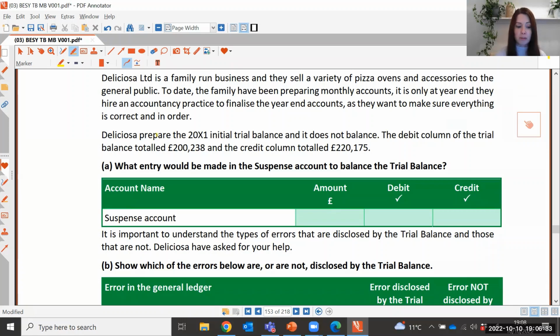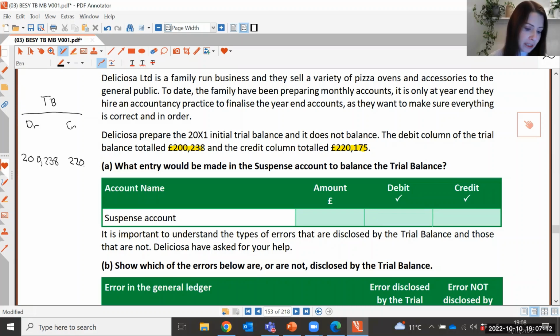So the debit column of the trial balance totaled £200,238, whereas the credit column totaled £220,175.